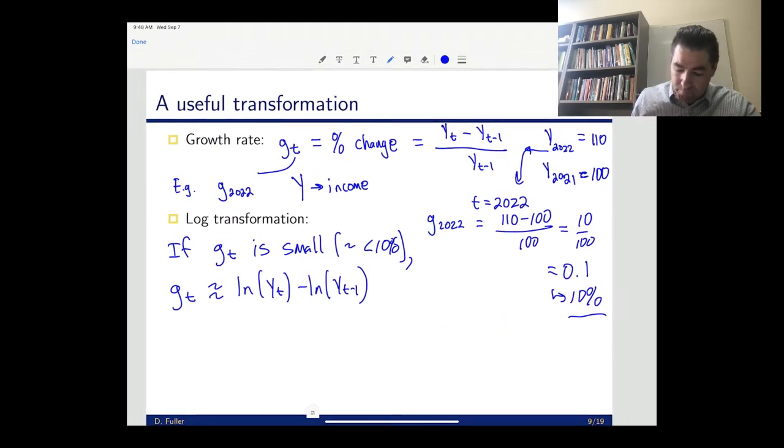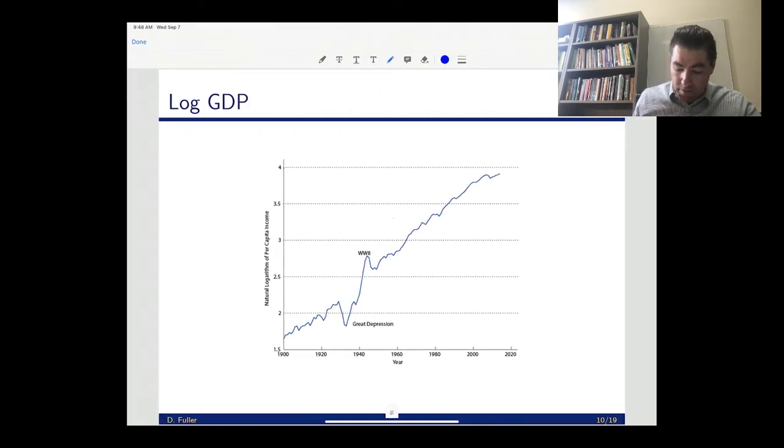Okay, so here's the log of our per capita income over time. The point here is that when I look at this, the slope of the line is telling me the growth rate, or an approximation of it, because that tells me the difference between the two variables.